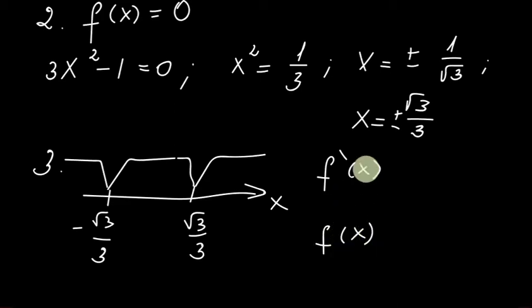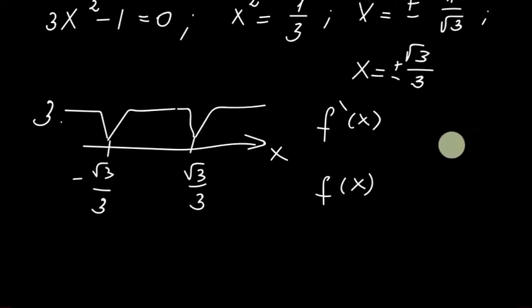So now we need to determine if in these 3 intervals our derivative is positive or negative. Let's say we take minus 10, so f prime of minus 10 will be equal to what?